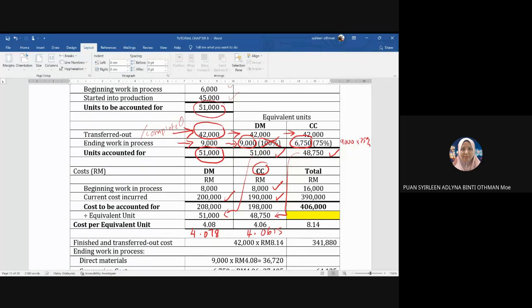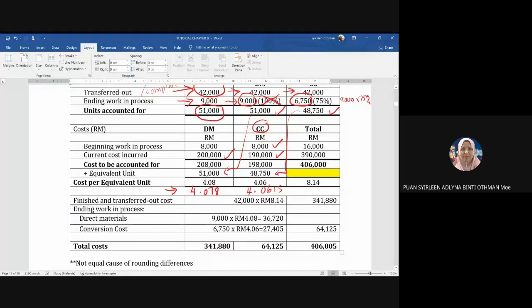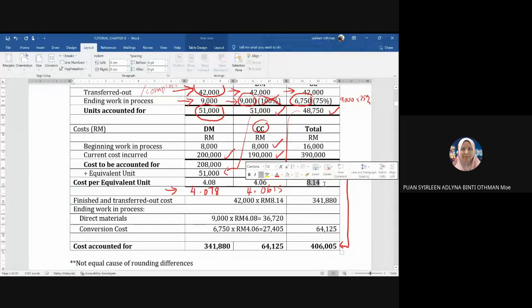So bila awak kena bundarkan the cost per equivalent unit, okay, kita kena faham your cost to be accounted for ni dengan cost accounted for, alright? This is cost to be accounted for. This is actually cost accounted for kan? Ataupun total cost, okay. Dia memang akan beza sikit lah. Sebab kita bundarkan figure ni tadi. Alright, okay. So total overall is RM8.14.